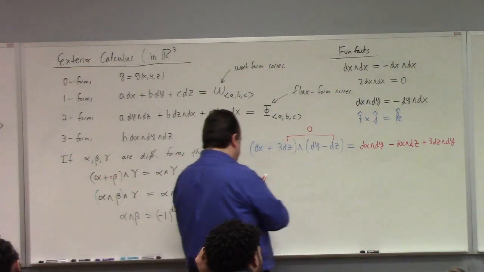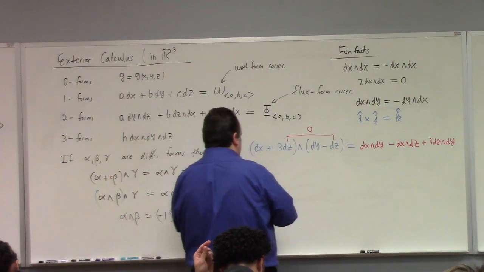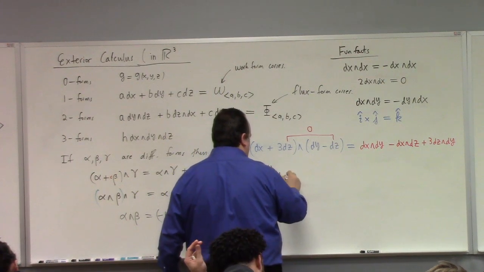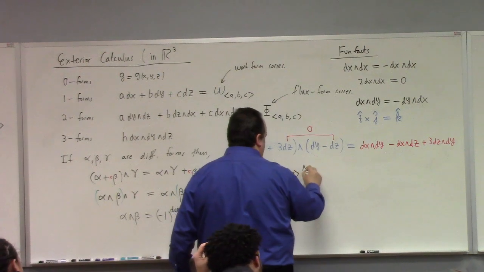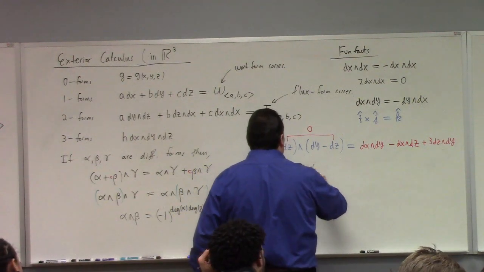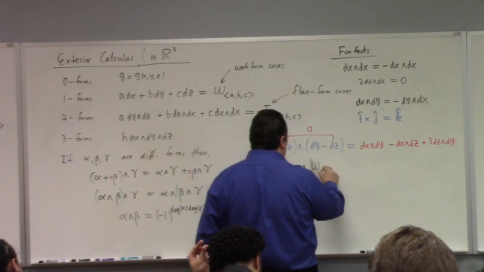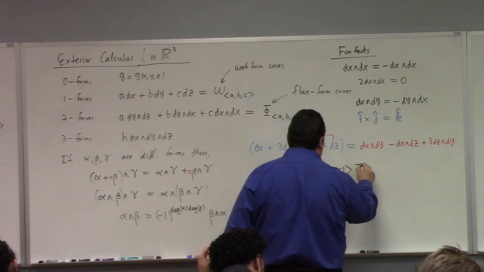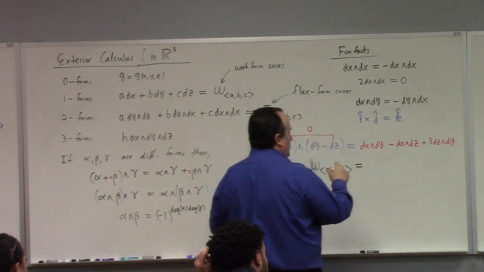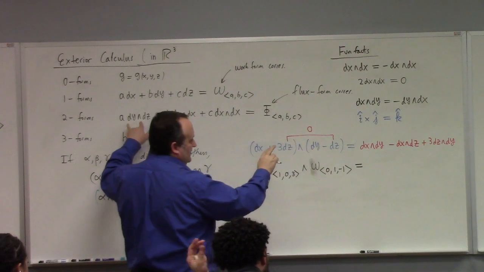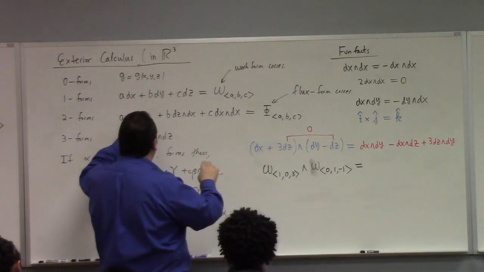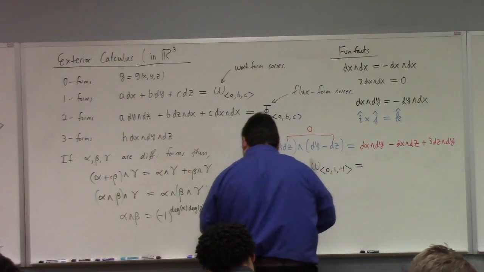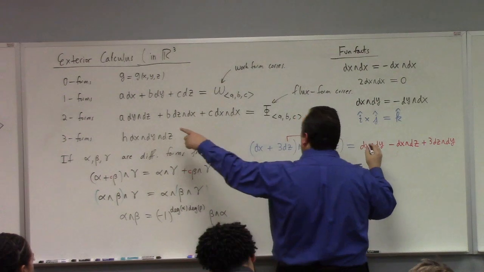So check this out. Another way to look at this is we have the work form of the vector 1, 0, 3, wedge product with the work form of the vector 0, 1, minus 1. And it turns out that's equal to, let's see, I've got to be careful here. I'm supposed to have dy wedge dz. Let me put them in order.